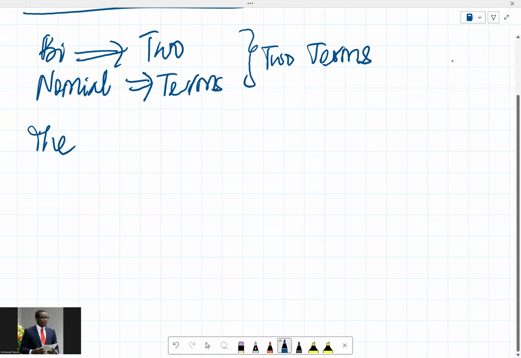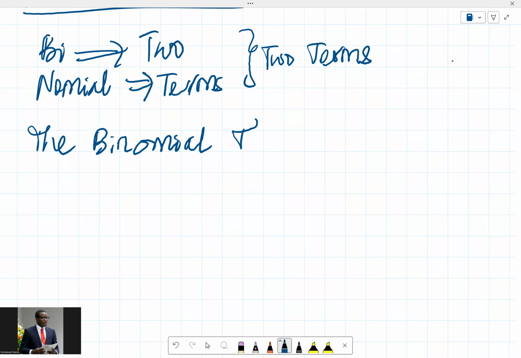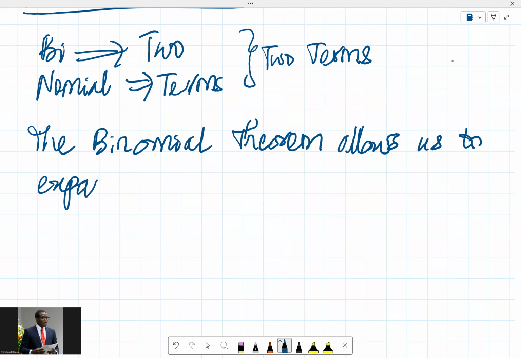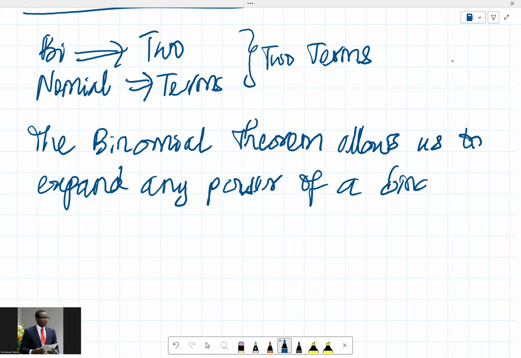The binomial theorem allows us to expand any power of a binomial expression. That is an expression having two terms.